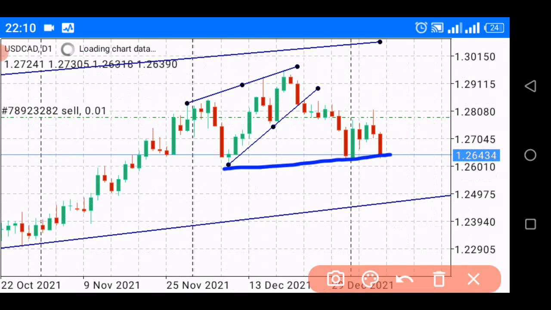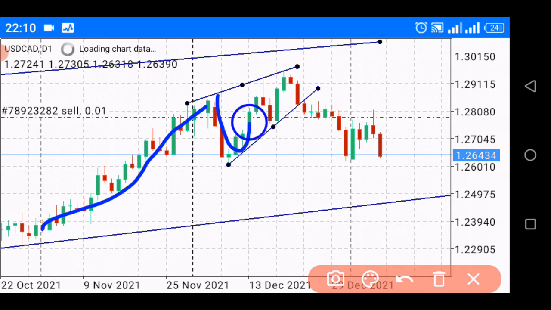What we really see here is impulsive movement to the upside. But when the impulsive movement got to this area, we discover that it started forming a corrective nature, started forming a flag pattern here.